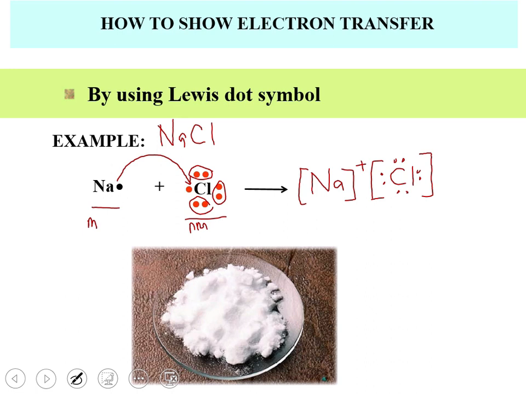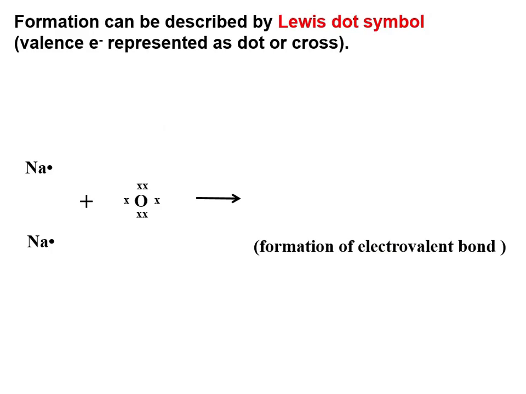And gaining 1 electron gives Cl a negative charge. So this is the ionic bond. The brackets should be close together.